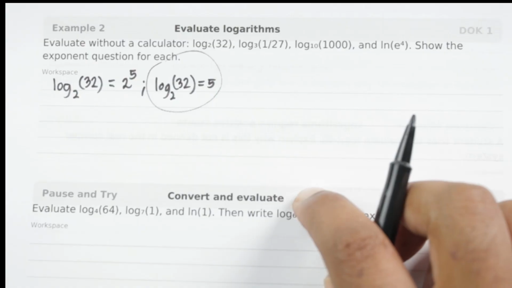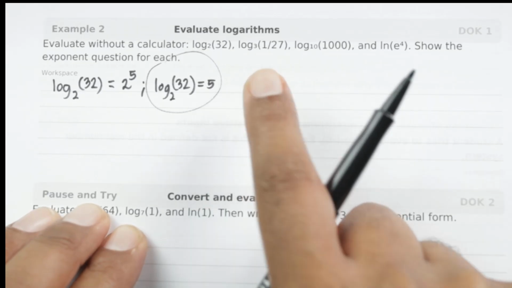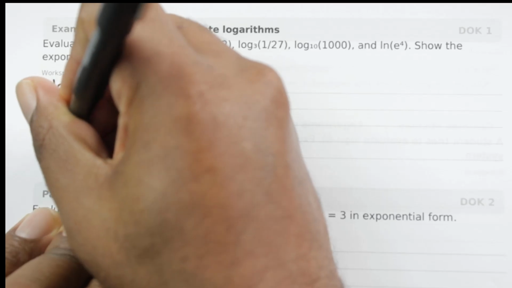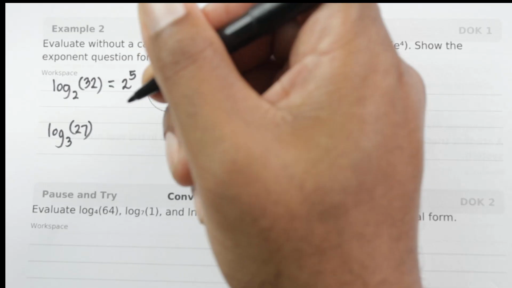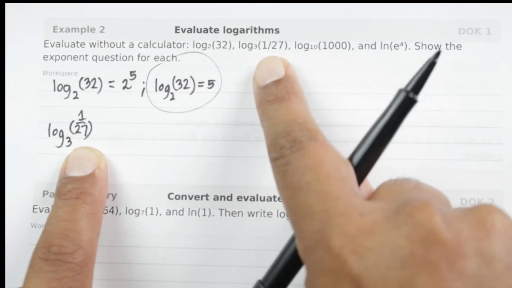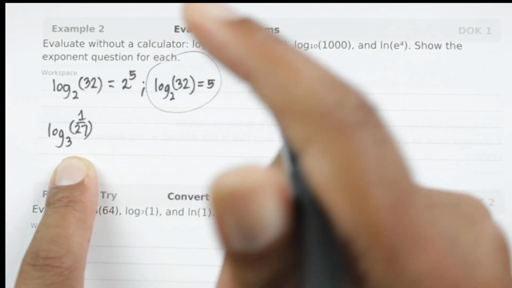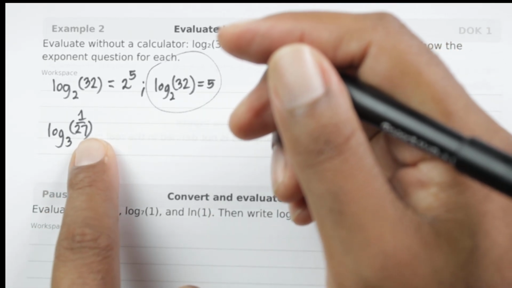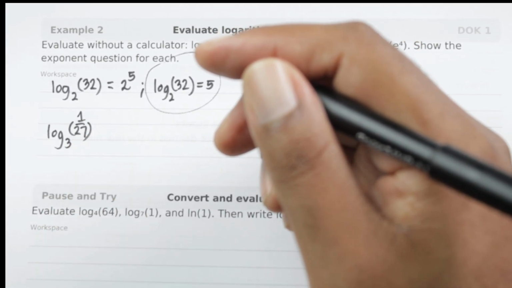Okay, now let's look at B. B, we have log base 3 of 1 over 27. And remember, that's 1 over 27. Whenever you see a fraction in here, you need to automatically know basically what the multiple is here. 3 times 3 would give you 9, times 3 one more would give you 27.